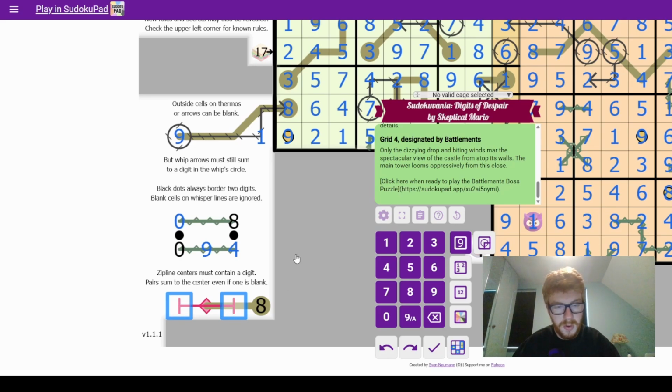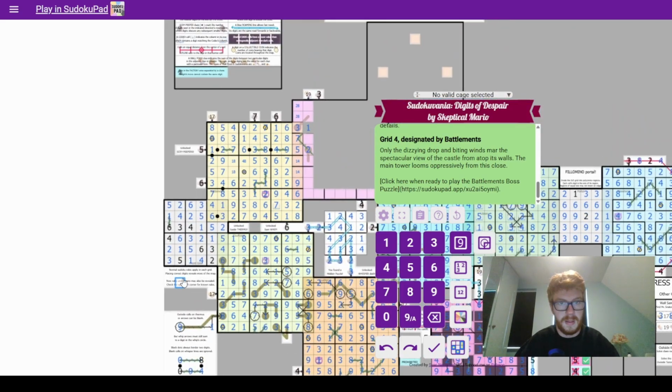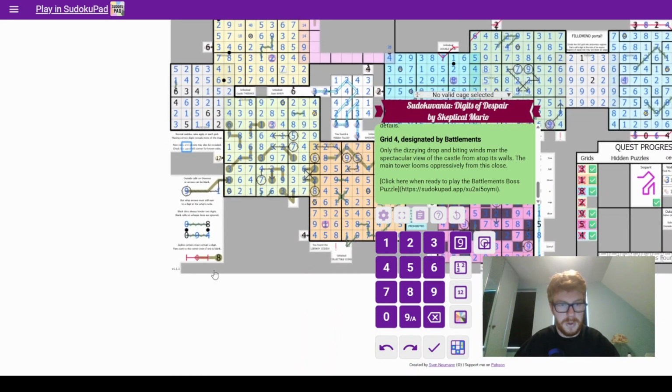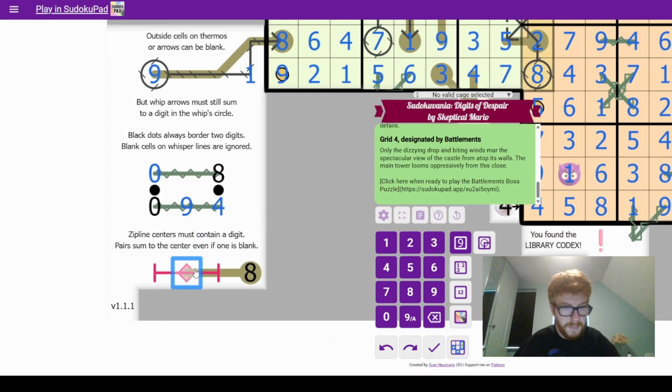But thermos, is slow thermo a thing? Must contain a digit. Oh, well, no, right? It could be double 9. But I don't know if that's correct, because the center pairs sum to the center even if one is blank. So that couldn't be 9.